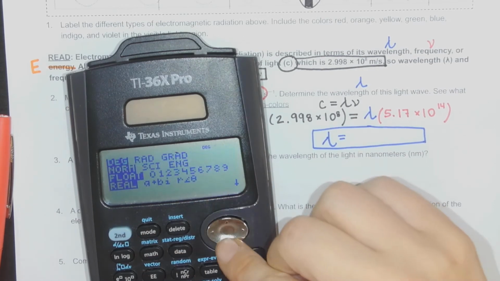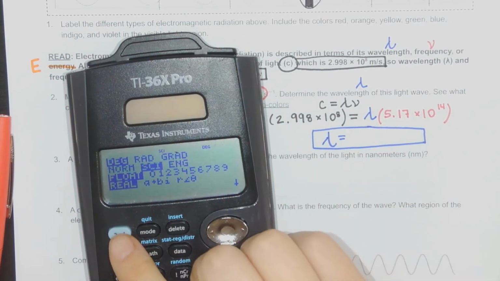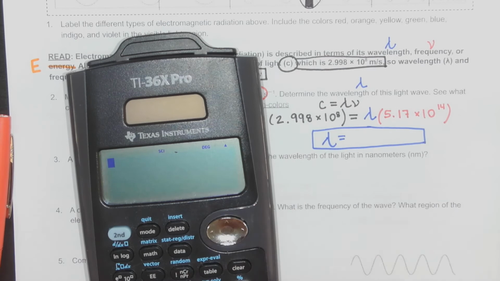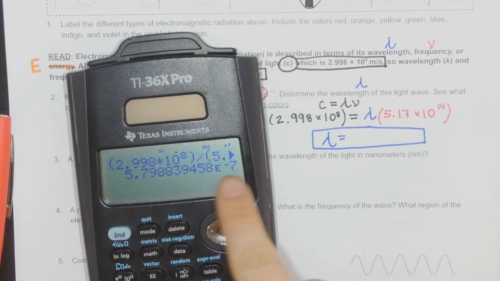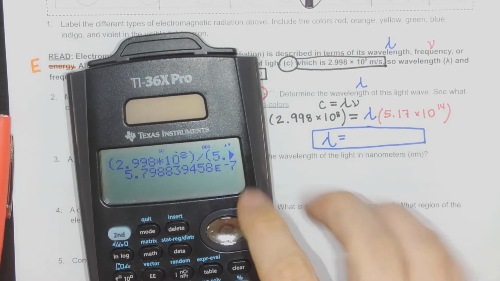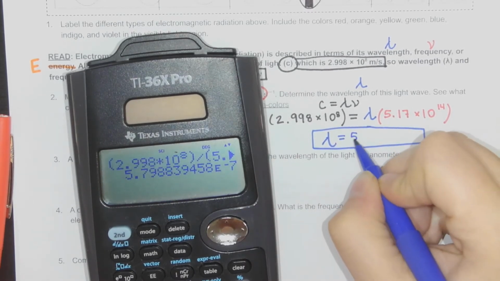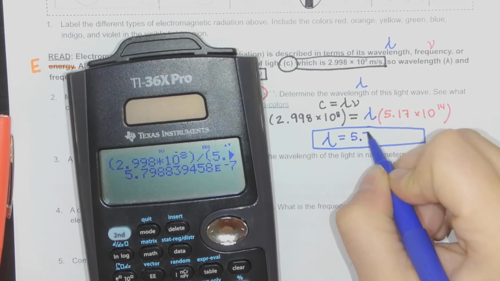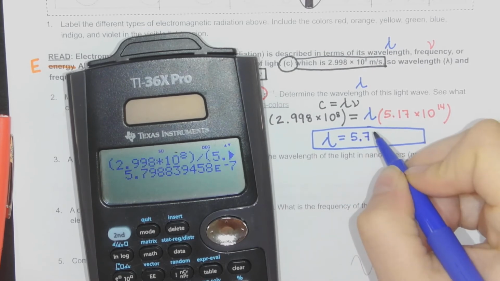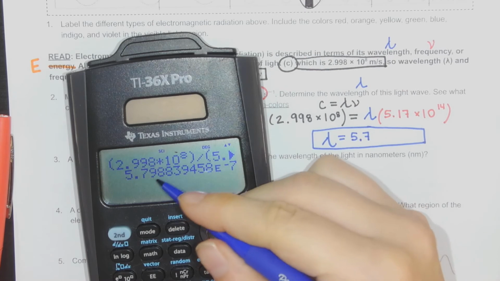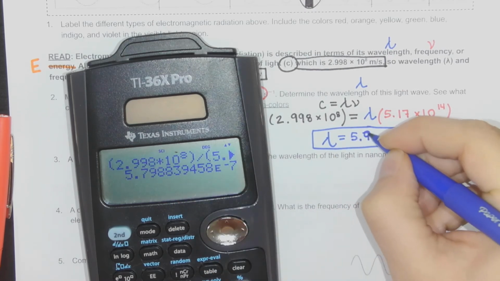I have a preference usually to have my calculator in scientific mode, so that way when I do the calculation it brings it up with exponents. So I'm going to go with this answer, 5.7, I should round that, 5.80.